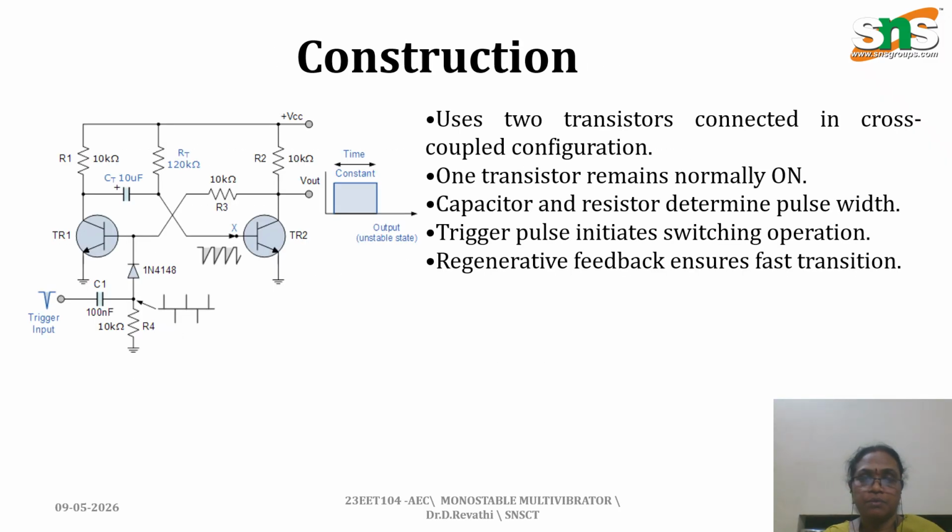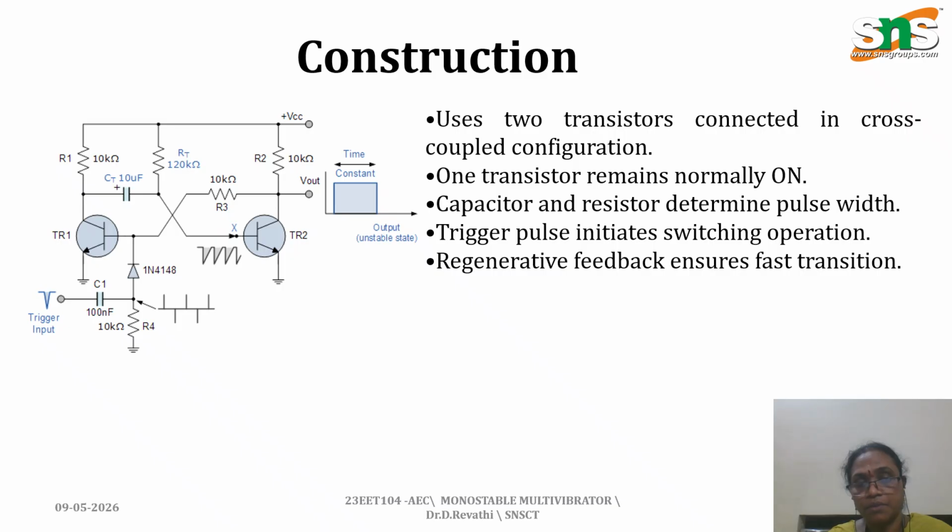So let's explore the construction of the monostable. Like the astable, it consists of two identical transistors cross coupled to each other. There is only one difference from the astable and bistable: here CT is available.